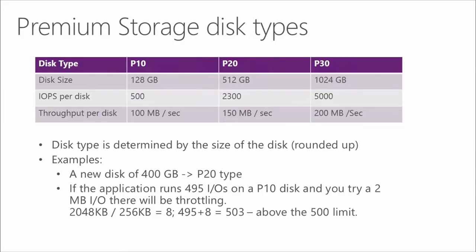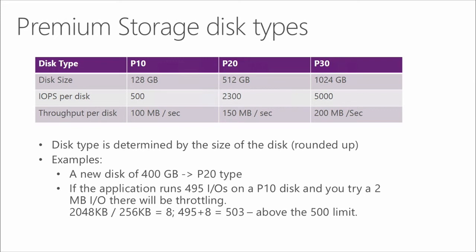And we have a limit on the throughput that premium storage allows. The limit is 50 gigabits per second for inbound and outbound. We consider an I/O unit of 256K. Let's do some math in a different way. When you create a new disk in a premium storage account, depending on the size of the disk, you will have different properties.